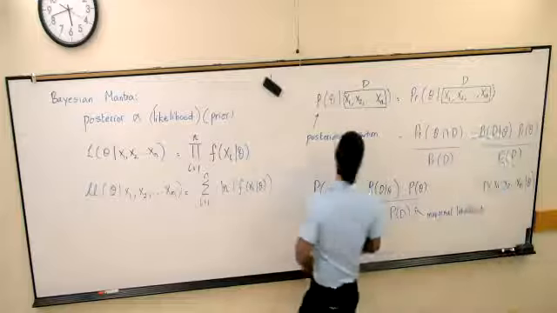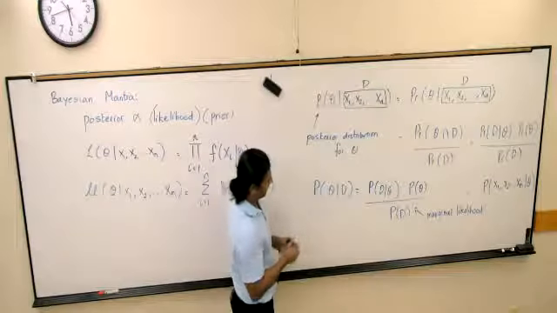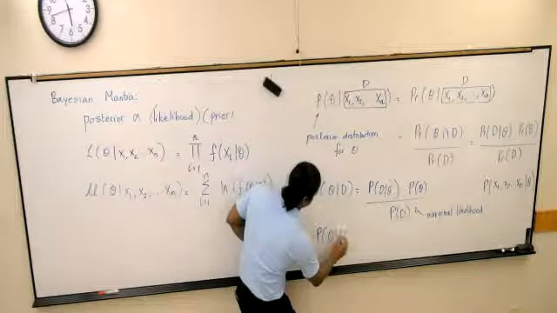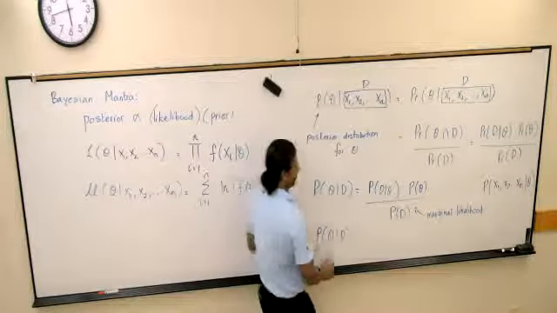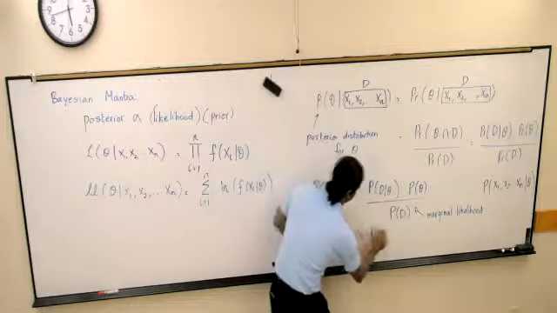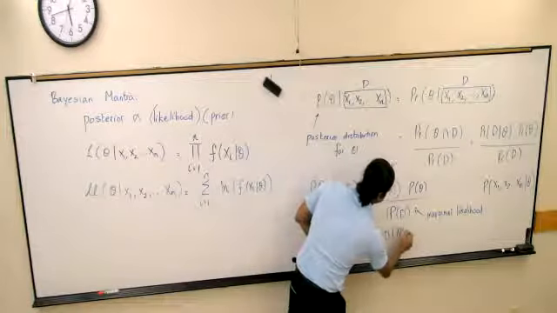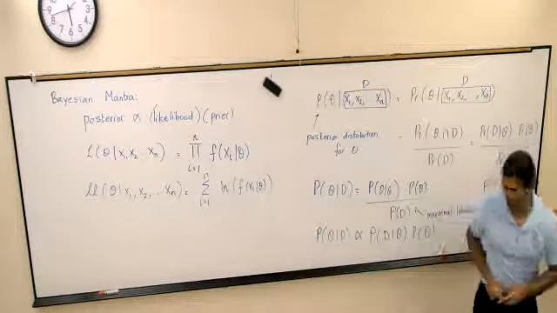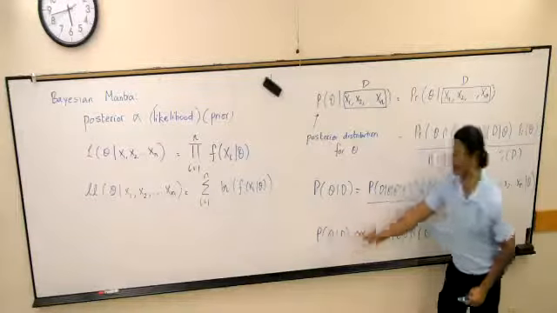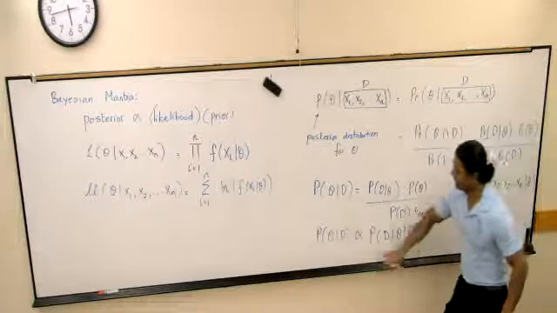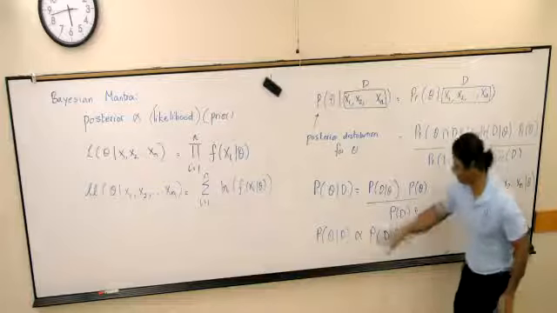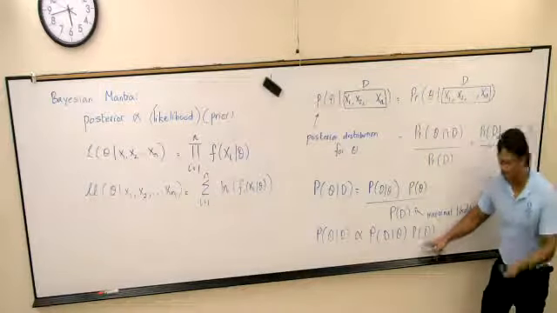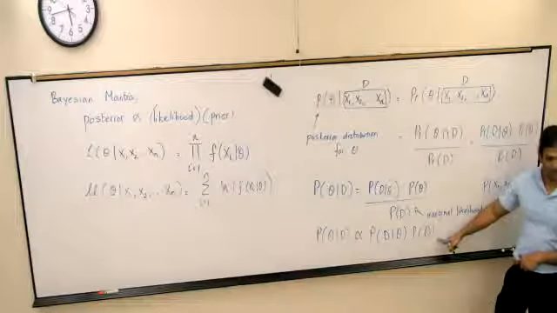It is useful, but sometimes you can omit it, which is why we write it as probability of theta given D is proportional to probability of D given theta times, let me correct myself, the posterior distribution of theta given D is proportional to the likelihood multiplied by the prior distribution of theta.